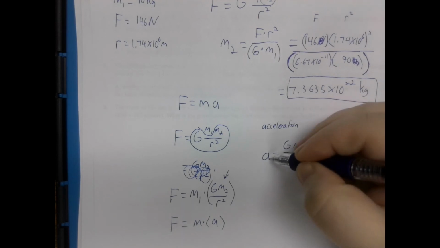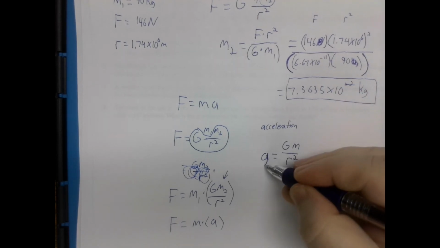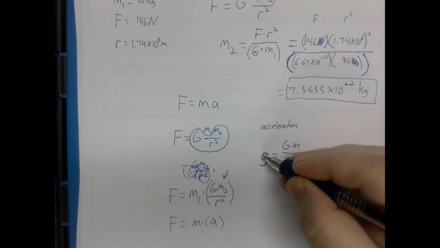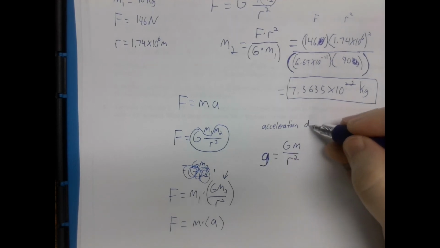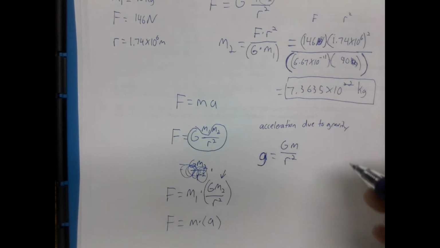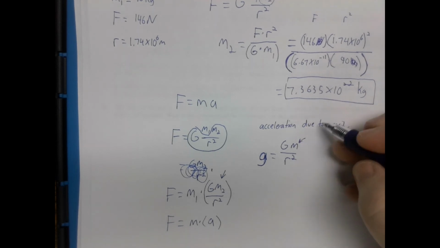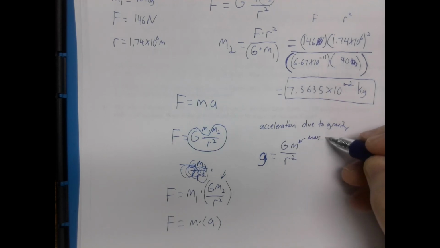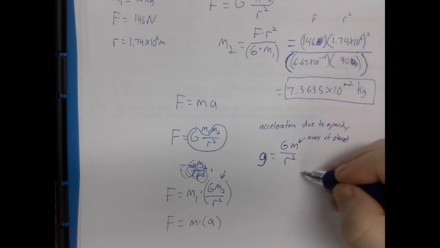We usually let acceleration due to gravity be equal to lowercase g. So acceleration due to gravity is equal to the constant G times the mass of the planet, divided by the radius of the planet squared.